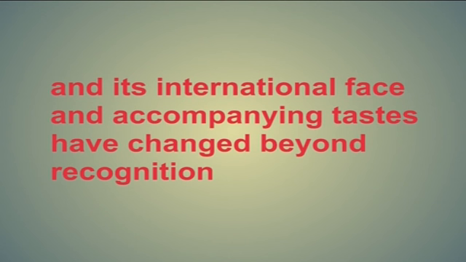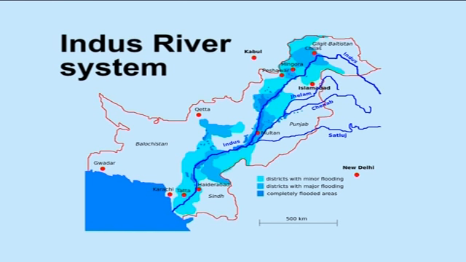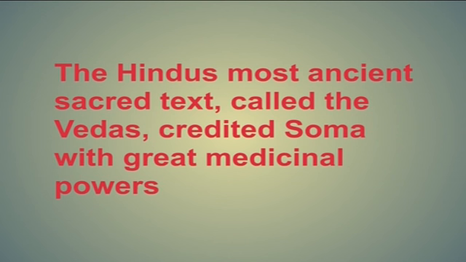During the Vedic period of Indian history, that is 2500 to 200 BC, based originally around the Indus river system, wine was worshipped as the liquid god Soma because of its medicinal attributes. The Hindus' most ancient sacred text, called the Vedas, credited Soma with great medicinal powers.